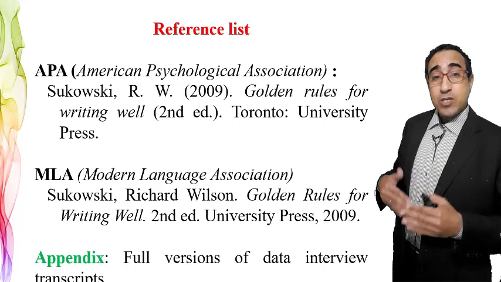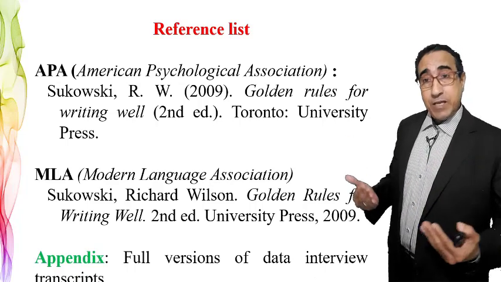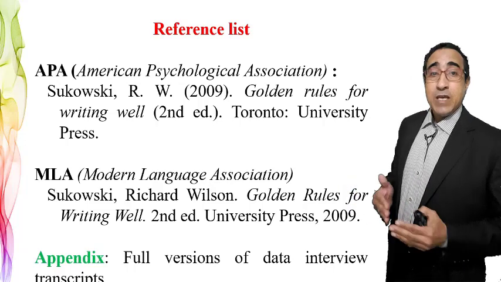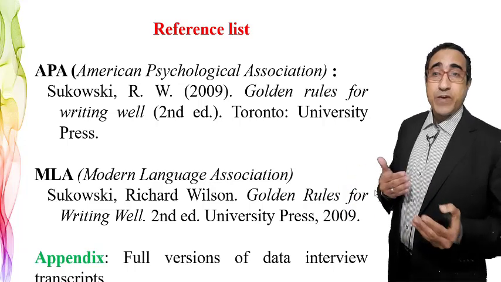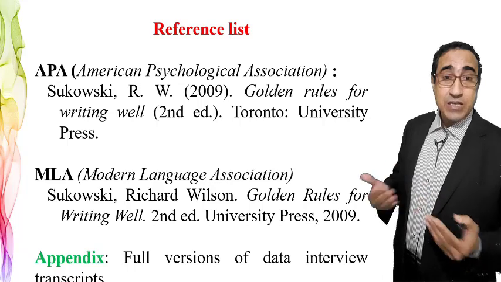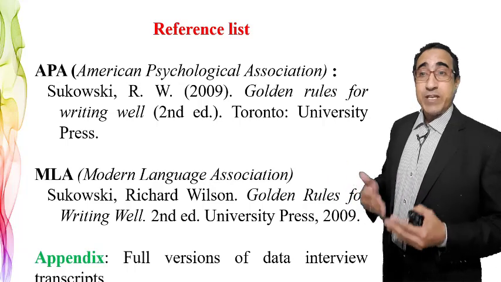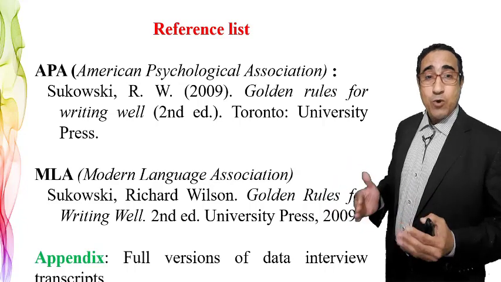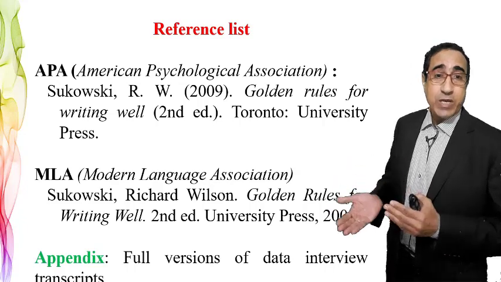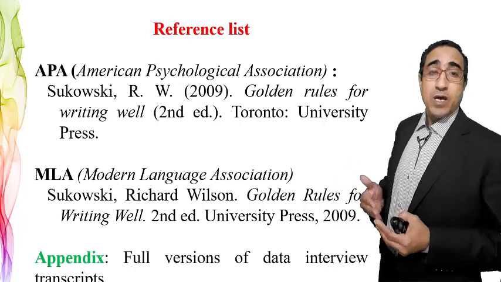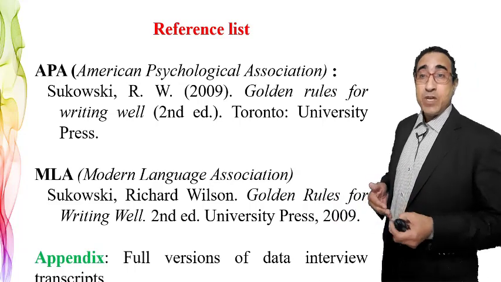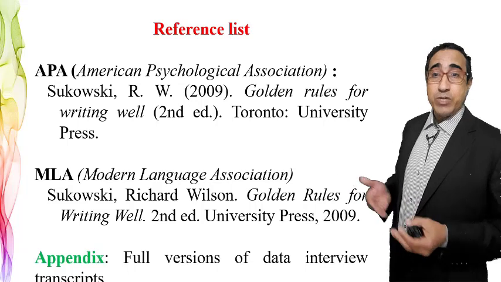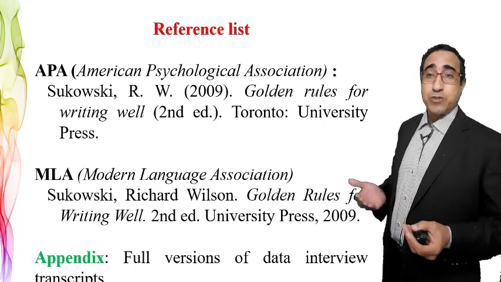Now, the method of showing this reference list, one may choose. There are different citation styles, for example, APA, MLA, Chicago, and so on. One may choose and agree with one's supervisor. As an example, we have APA, which is the American Psychological Association.